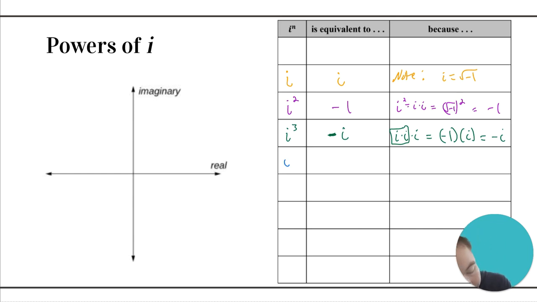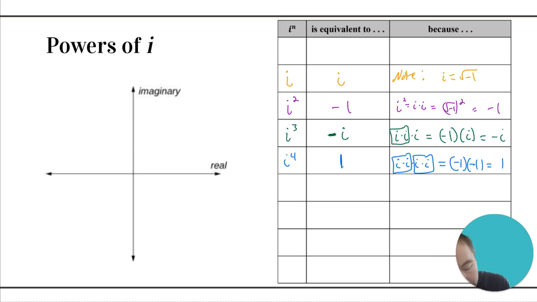And then i to the fourth would be i times i times i times i. Two of them together would be i squared, which is -1, and there's another pair right there. So we really would have -1 times -1, which would just equal +1. 1 times 1 is 1, and negative times negative is positive, right? So therefore, i to the fourth is just equal to 1.